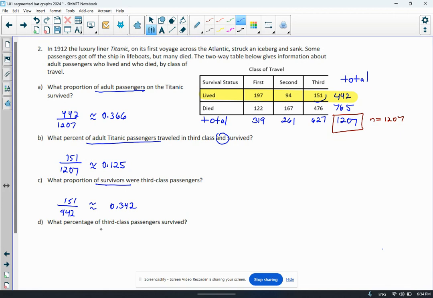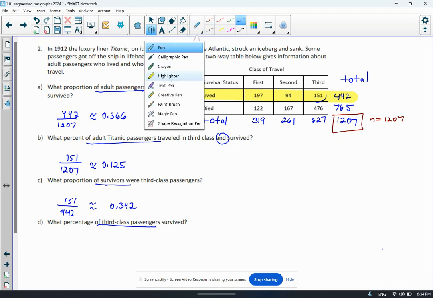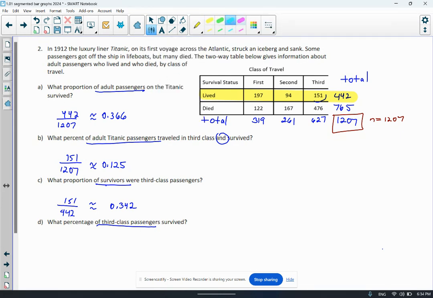What percentage of third class passengers? So now again, this is a condition. I'm not looking at all the passengers. I'm only looking at the third class. So I'm going to take out my blue. So instead of looking at the row, I'm now looking at the column.